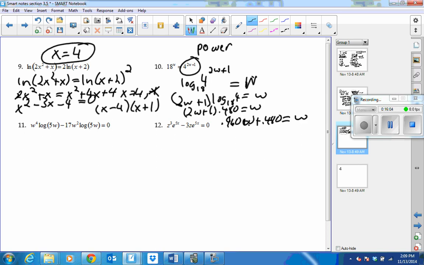So 1 minus 0.960 is 0.04, equals 0.480, and 0.480 divided by 0.04 is 12. And there's probably other ways that you could have gone about solving that.